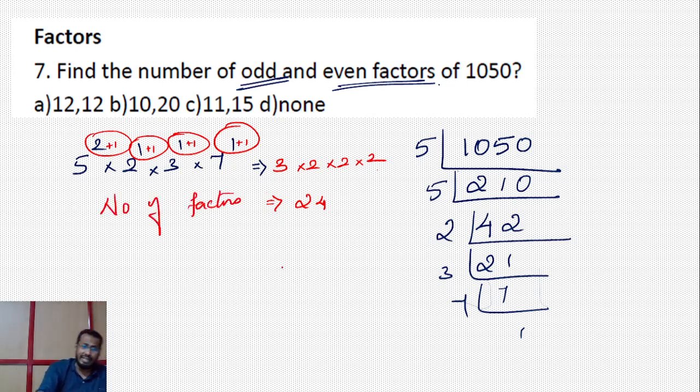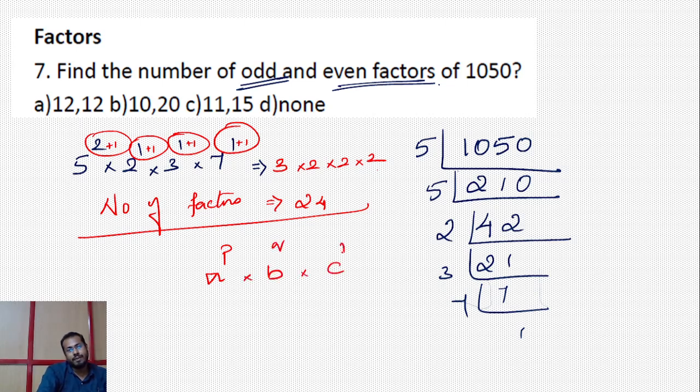For finding the even factors we have a formula. The formula is a power p into b power q into c power r. Let these be the prime factors and powers. So I need to write p into q plus 1 and r plus 1. This is the formula for finding even factors.